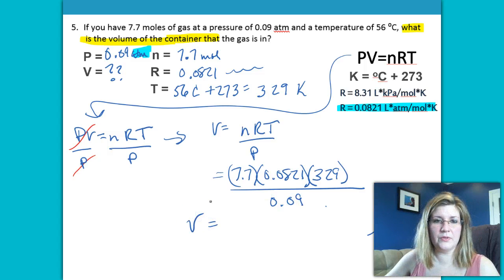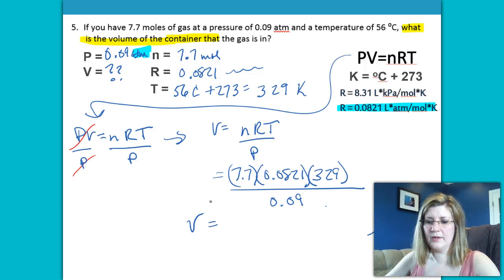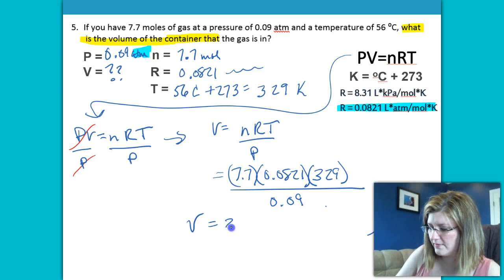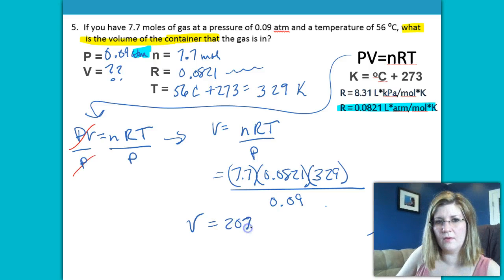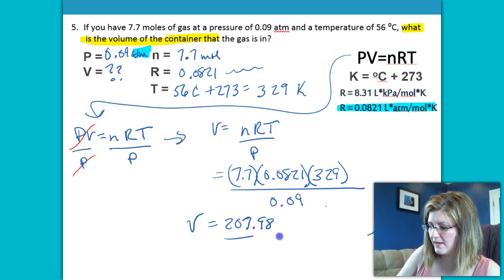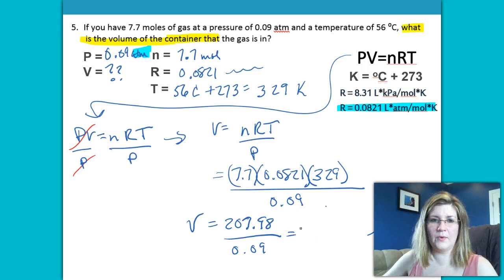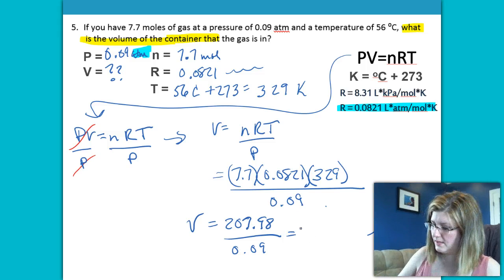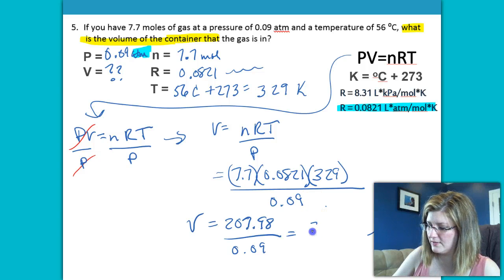And when we crunch those numbers in real time, on the top I get 207.98. So I'm going to hang on to those two digits for now. And we're going to divide by 0.09. And the volume I get is 2,310.